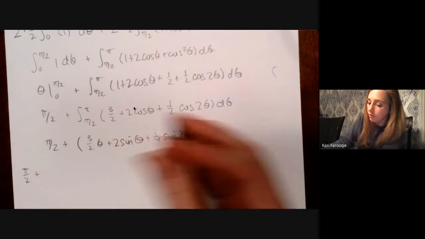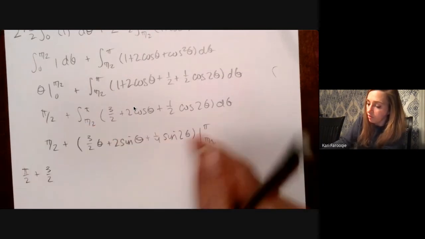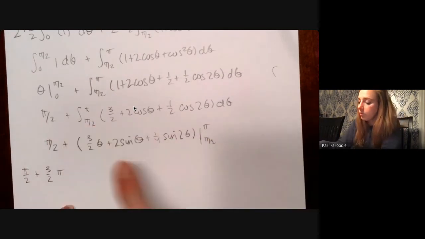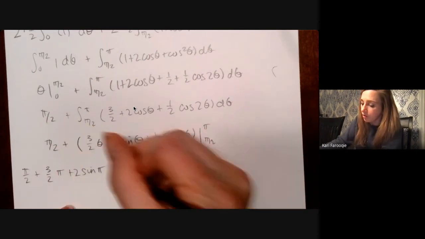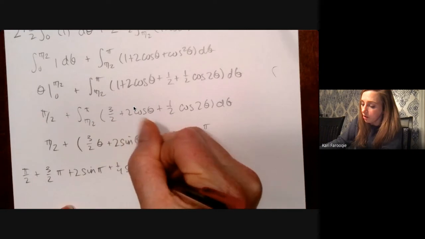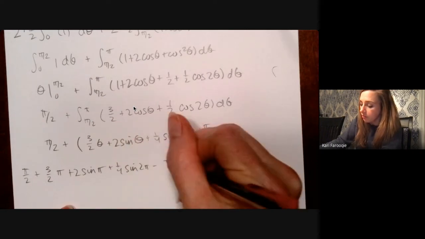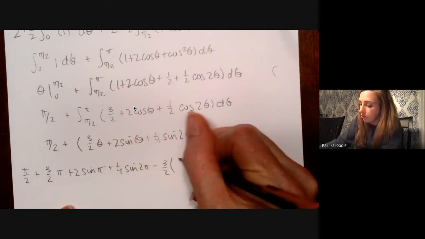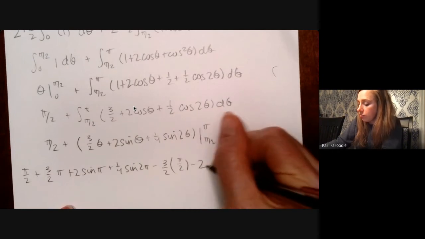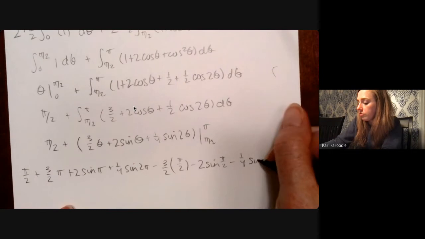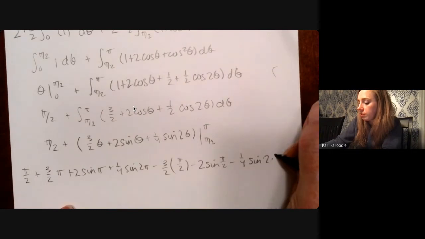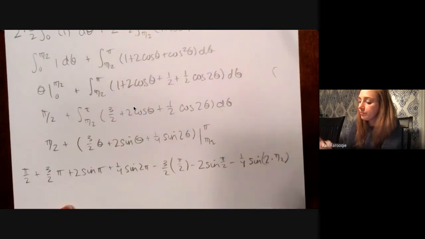And then we have 3/2 pi plus 2 sine pi plus 1/4 sine 2 pi minus 3/2 times pi over 2 minus 2 sine pi over 2 minus 1/4 sine 2 pi over 2.